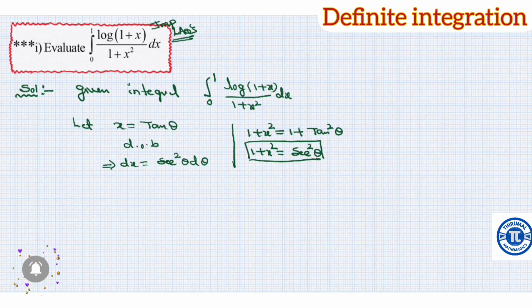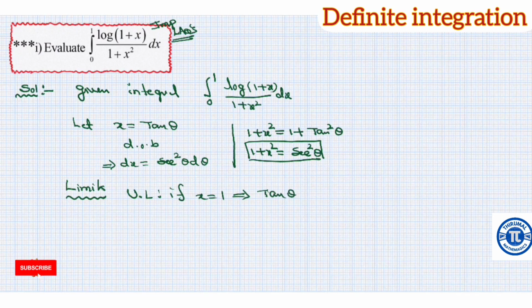First, the upper limit: if x equals 1, then tan theta equals 1.